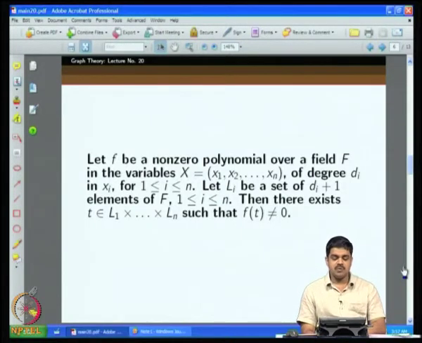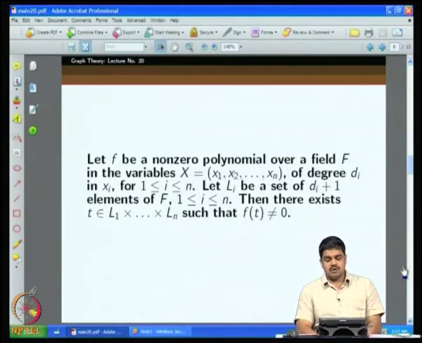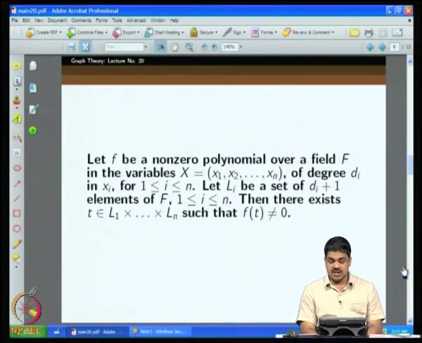If the polynomial is in just one variable, it is like saying that if you give me d plus 1 values, d being the degree of the polynomial, that means x appears up to x raised to d and not x raised to d plus 1 or more, then the polynomial can only have d distinct roots.